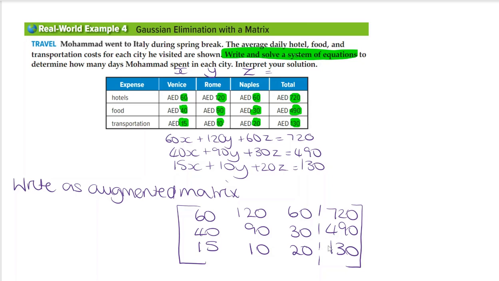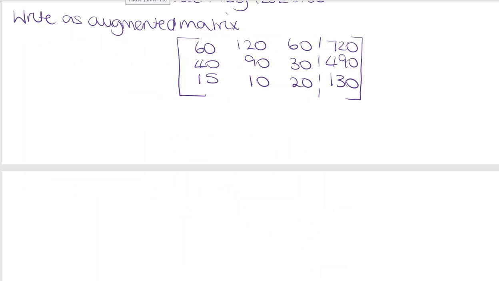So now we need to look at solving. So we're going to solve this using the Gaussian method. So this is our row 1, our row 2 and our row 3. So we're going to take each row individually, and we need to turn this into row echelon form.